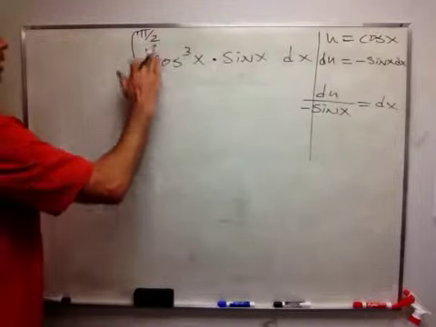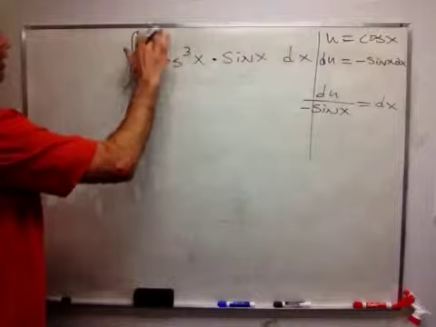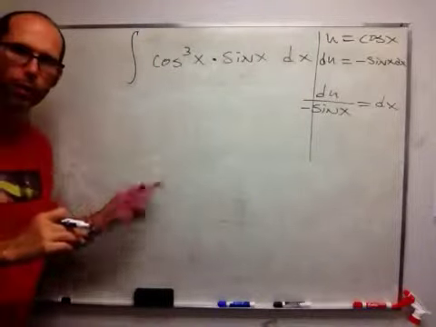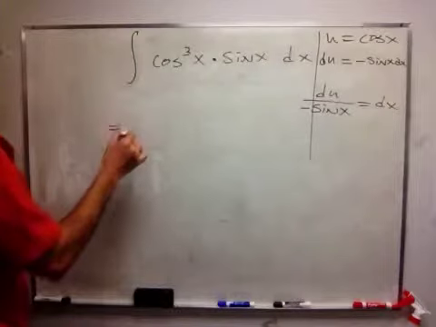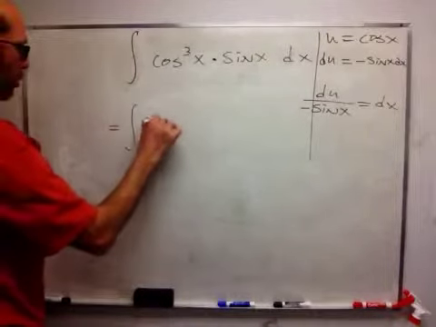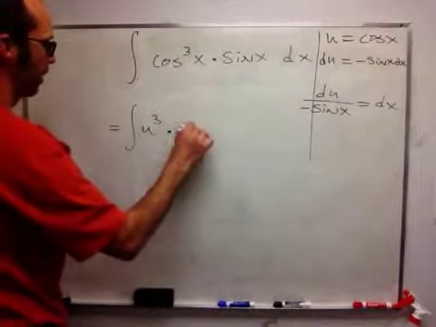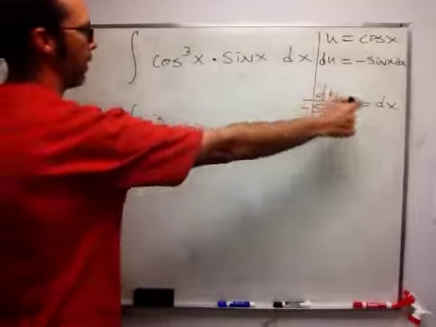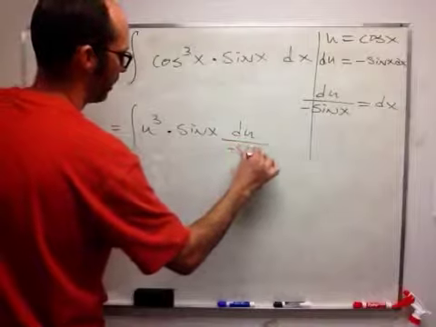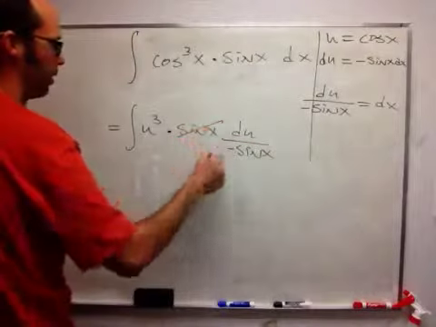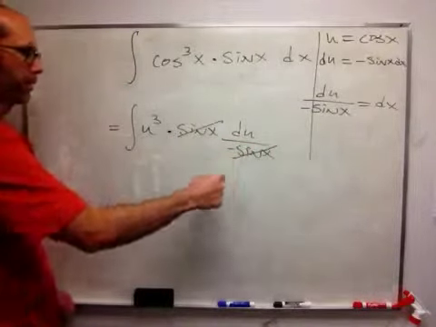Alright, so I'm going to deal with this thing without the limits of integration, just the antiderivative, then plug the limits in. Okay, so this is now u cubed times sine x. We found dx was du over negative sine x. So you see the signs cancel.